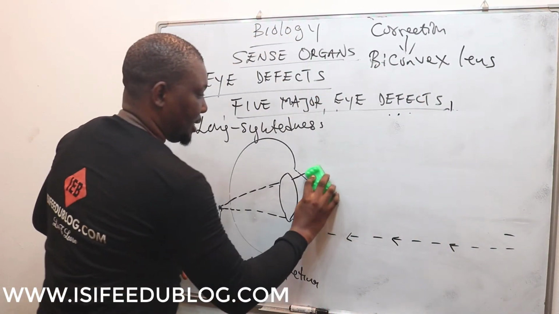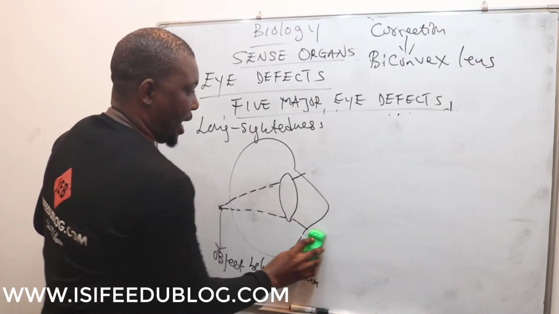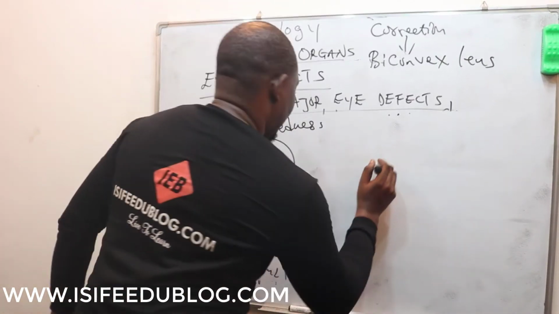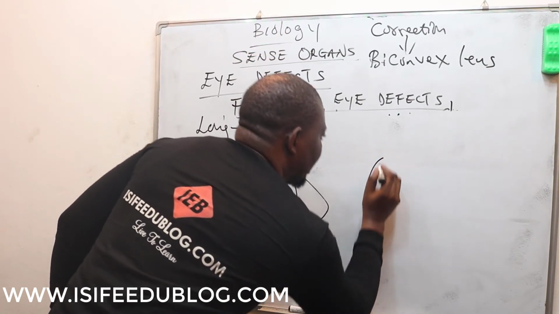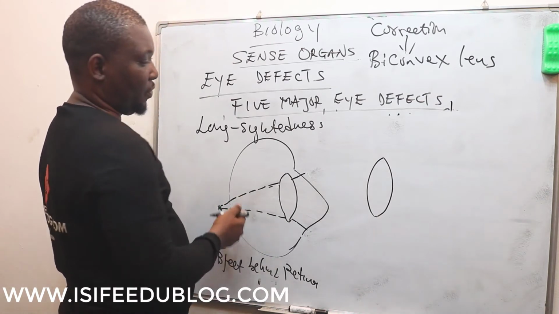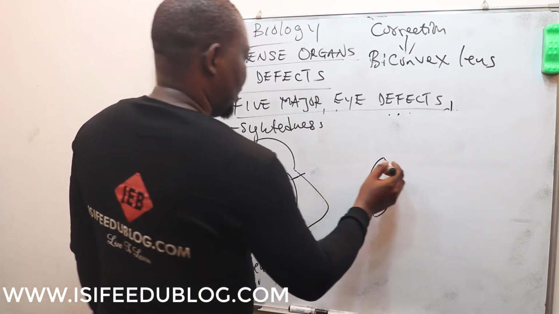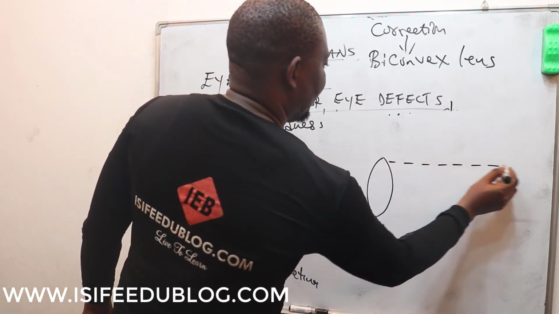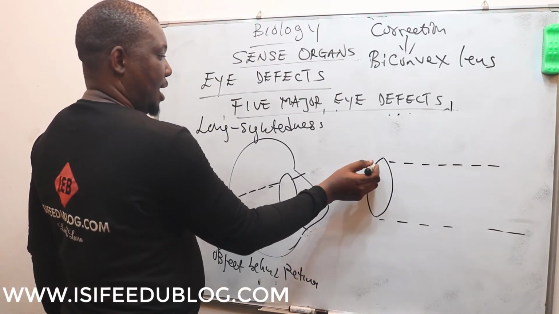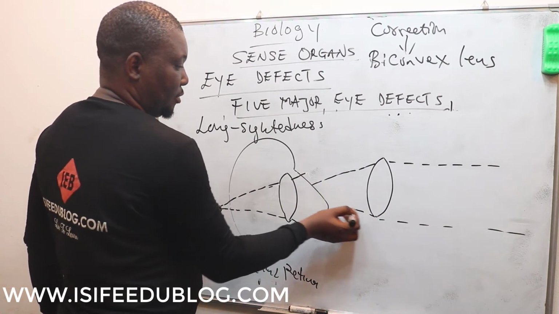As light is going into the eye, that lens will help to curve the light. So I'm going to place an artificial lens before the eye, so that as light is traveling in a straight line to the eye, the lens helps to bend the light.